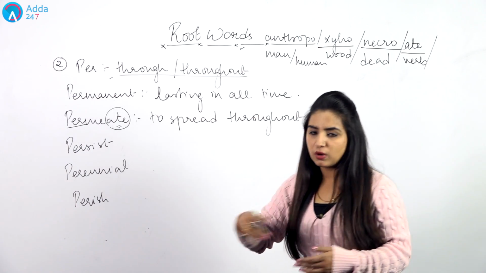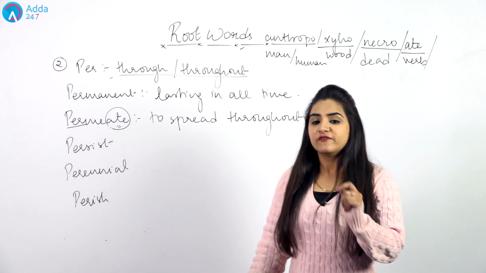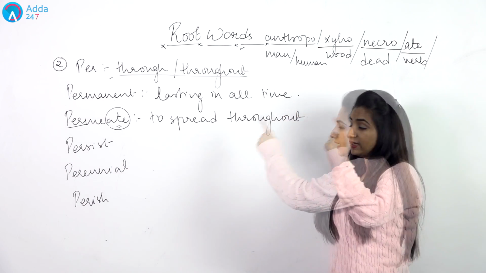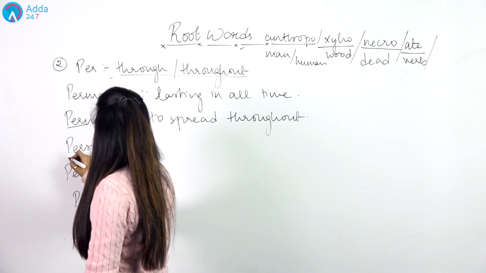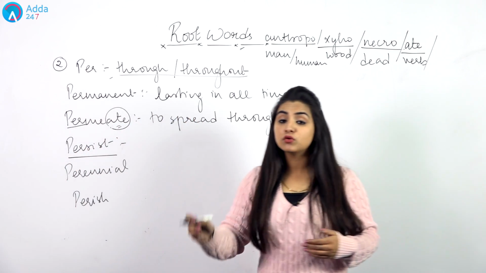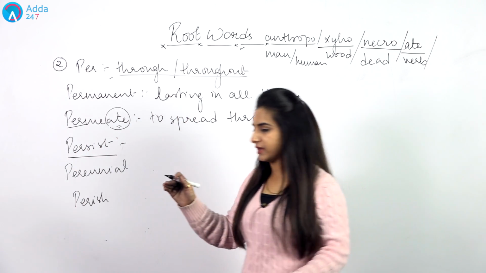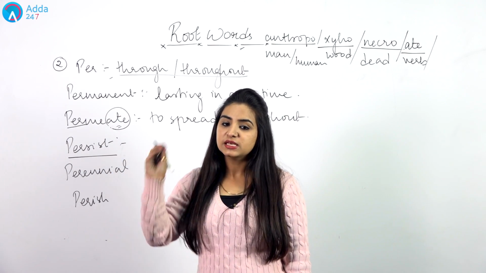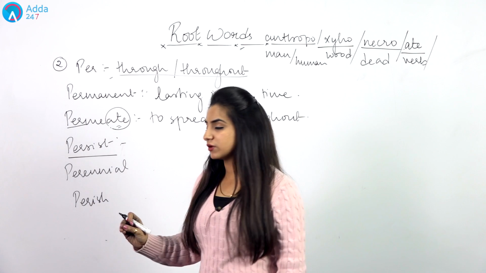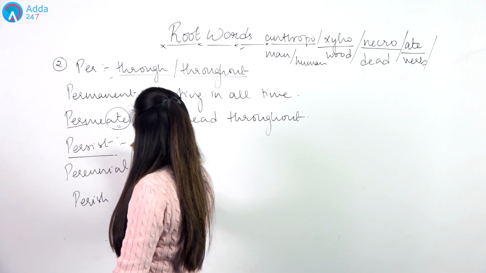Throughout the time, throughout the space, throughout the area. When something is being spread, this is what we mean by permeate, right? Then we talk about the word persist. Persist means that something is continued over a long period of time, right? No matter what happens, no matter he falls or he rises, when something continues for a long period of time, that is what we mean by persist.